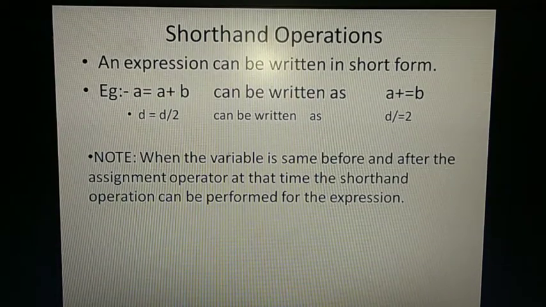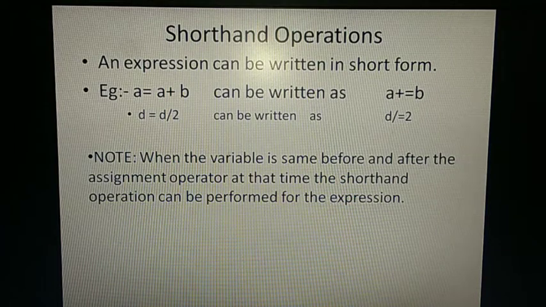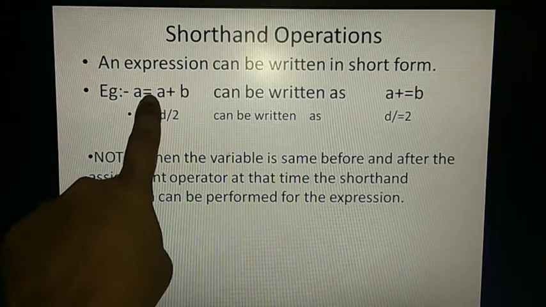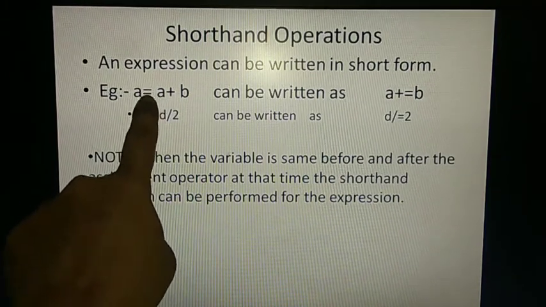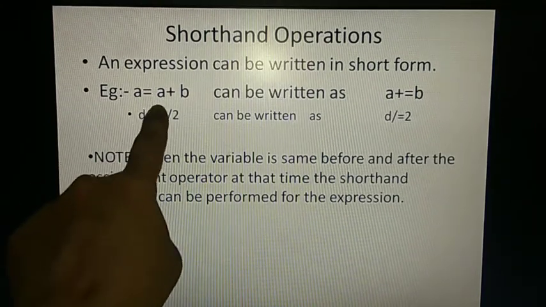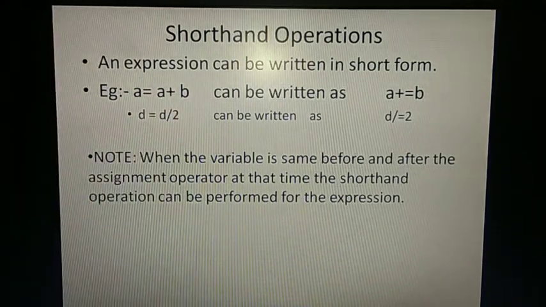The only thing you have to remember is that the variable must be the same before and after the assignment operator. That is, here it is A before the assignment operator and A after it.